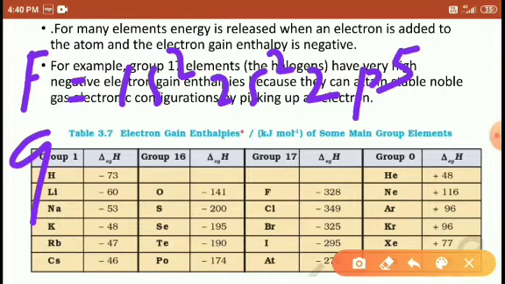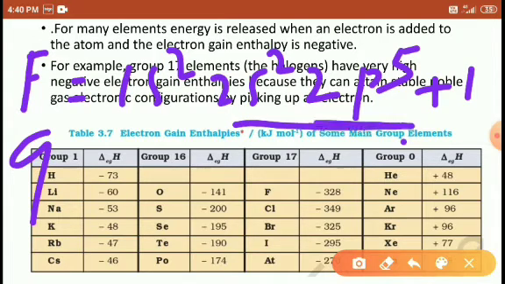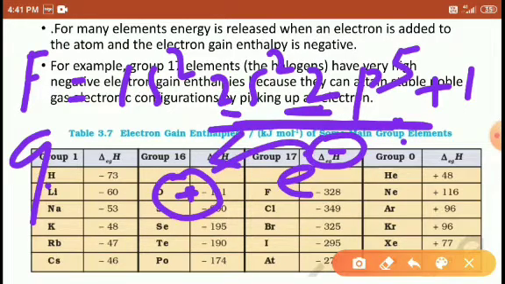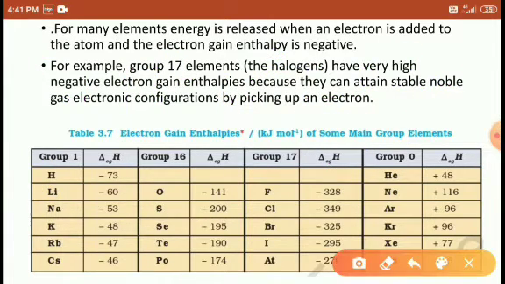To attain the noble gas configuration, it needs only 1 electron, and all the electrons are completely fulfilled here, in the same shell. So the proton count increases, electrons are in the same second shell, so its size is less. Its size is less, and it more easily attracts the electron as compared to the other species, group 1, group 16 species.